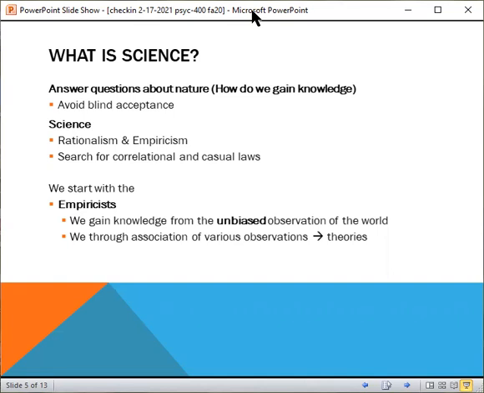The unbiased observation of the world. So what we see with the empiricists, that we, through association of our various observations, then we can come up with theories. Okay, does anybody want to chime in to say what is meant when the empiricist says they wanted an unbiased observation? What were they concerned about?